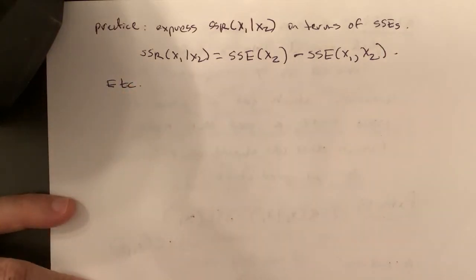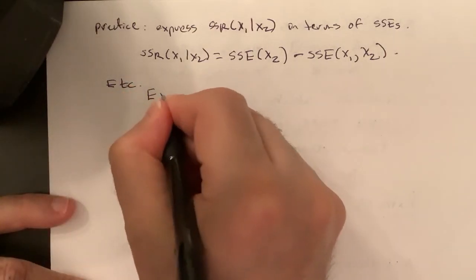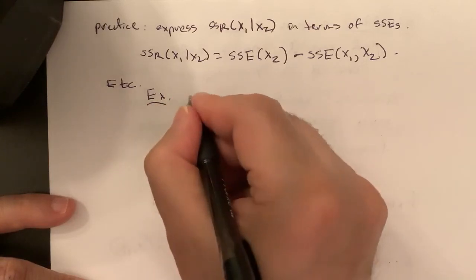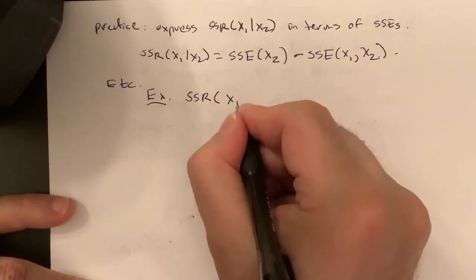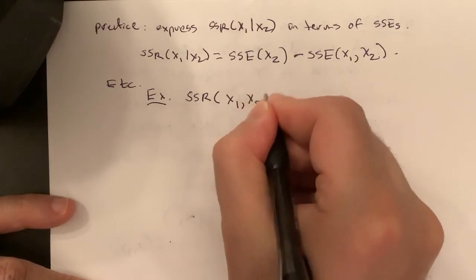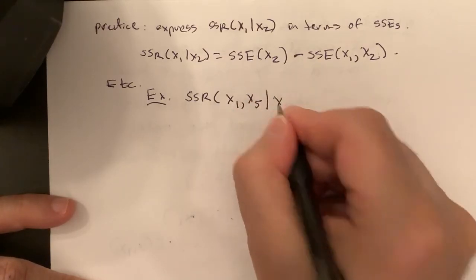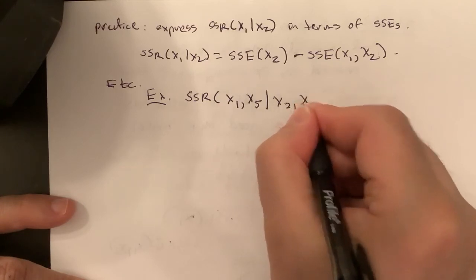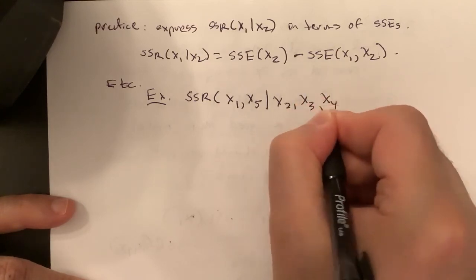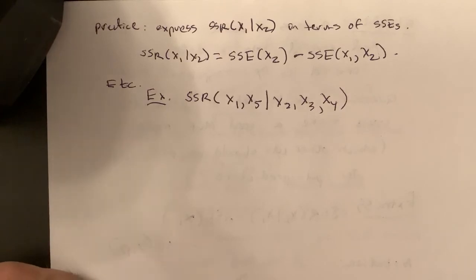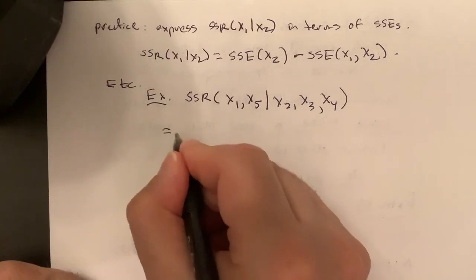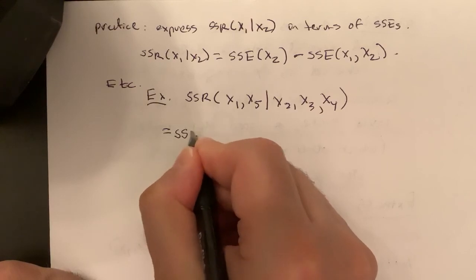We could do another one. So, for example, suppose I want SSR of x1, x5 given x2, x3, and x4 are in the model. Well, I bet you already have it. So let's do it with SSE.